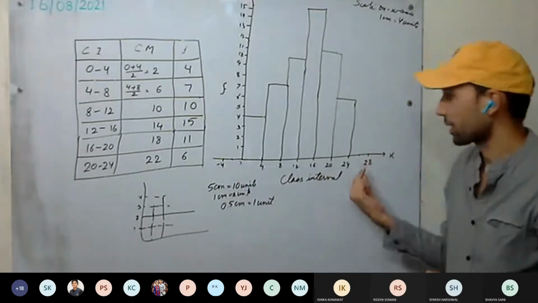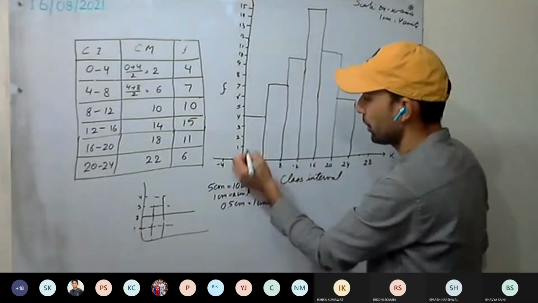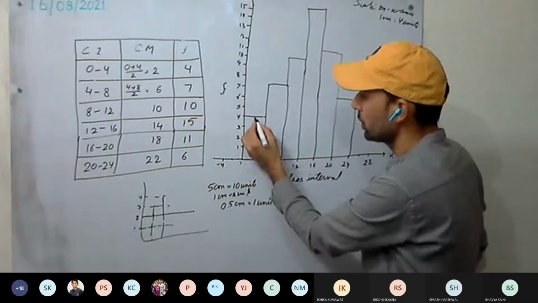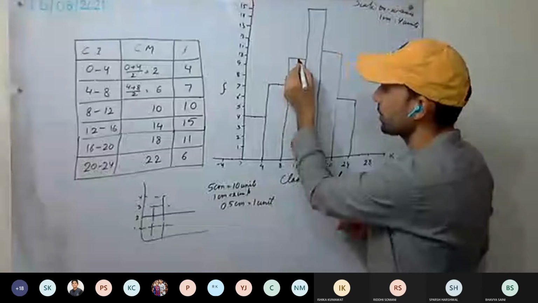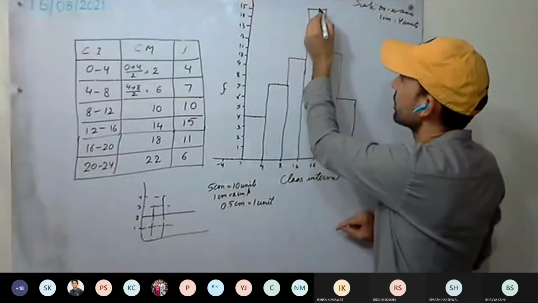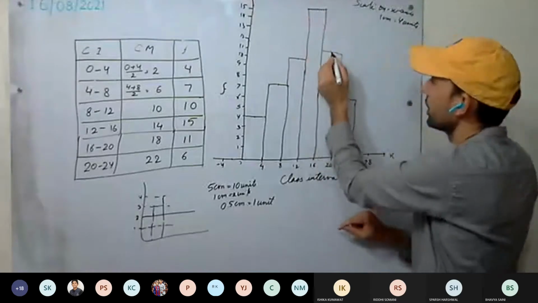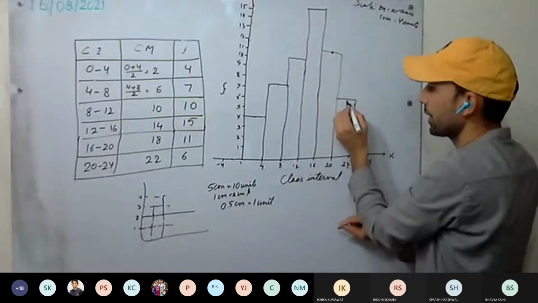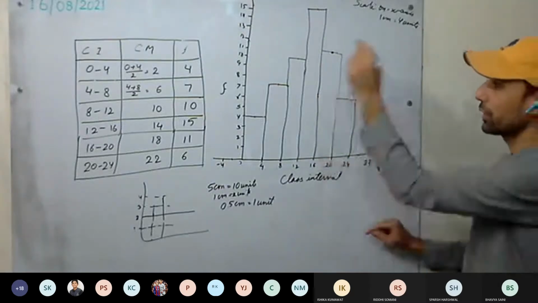Similarly, we will mark the class mark for each on top. Middle value mark in everyone: 2, 6, 10, 12, 14, 18, and here 22. We have marked. Now join them all.